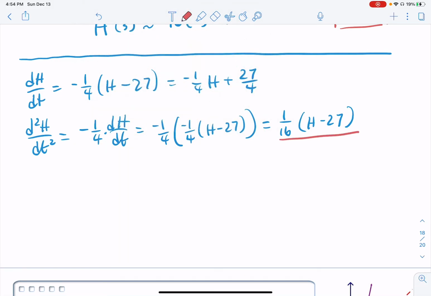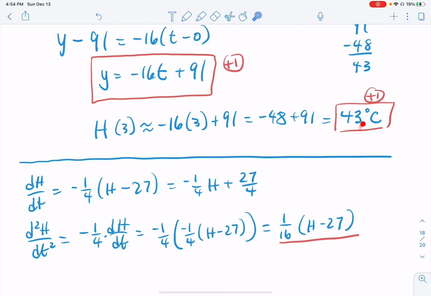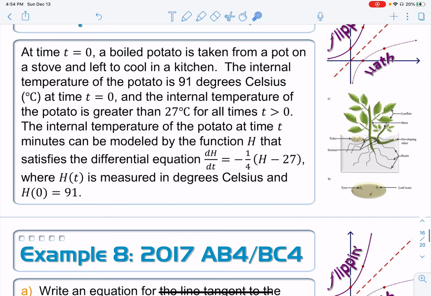Of course, there's no way that I could stick in t equals 3. I don't even know what the value of h is at 3. All I have is this approximation. So how am I supposed to know whether or not the function is concave up or concave down? That is the reason why, back over here on the original problem stem, it says this.